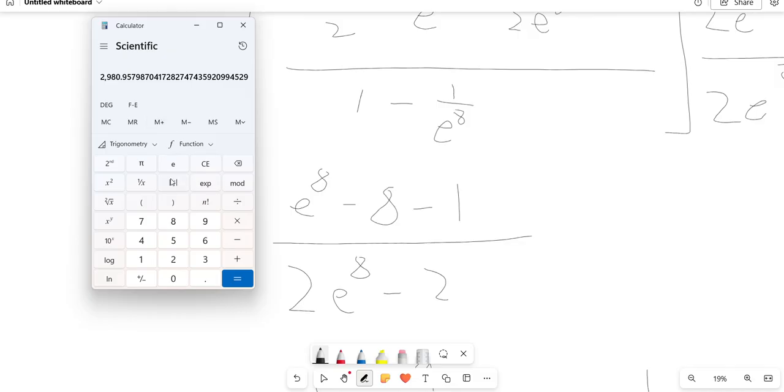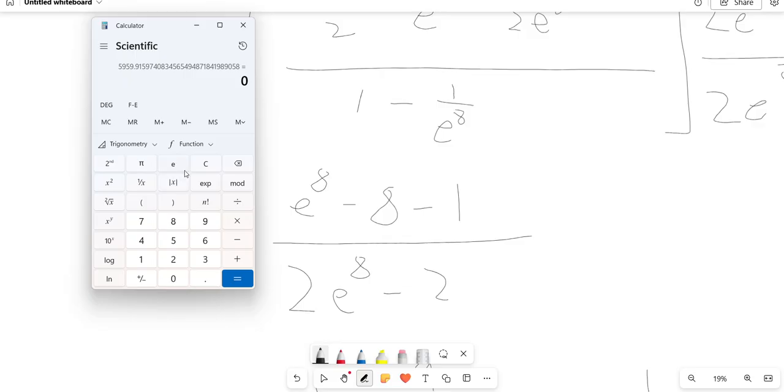And we'll subtract 9, and we'll divide all that by the quantity 2 times the memory recall minus 2. Hold on, the calculator's not cooperating here.